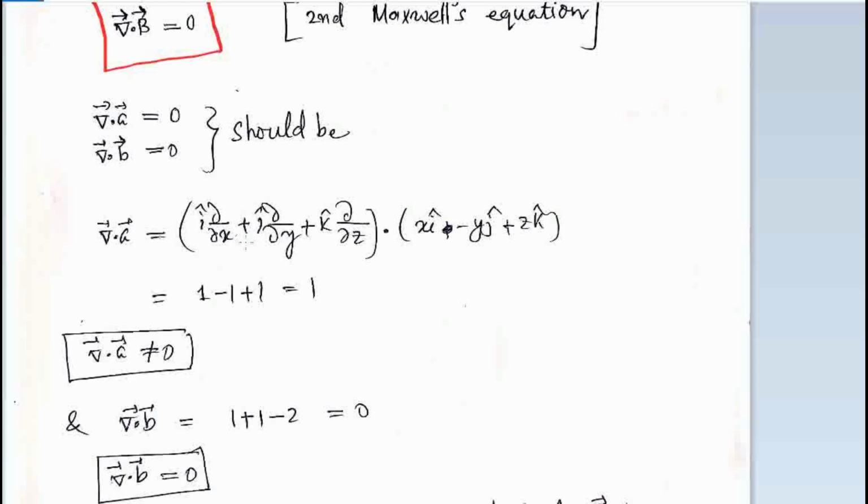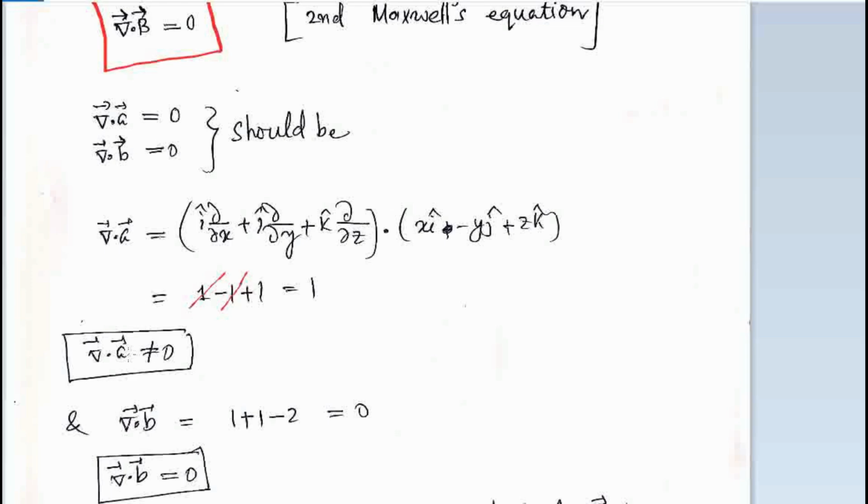If you apply this on vector A, you will get positive 1, negative 1, positive 1. So positive 1 and negative 1 cancel out, and you will get only 1. As it is not becoming 0, that means this field A is not a magnetic field.